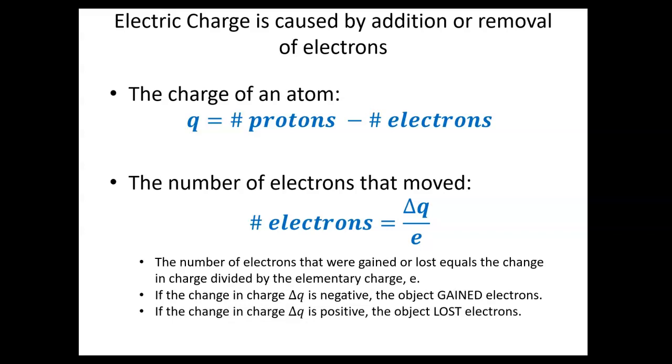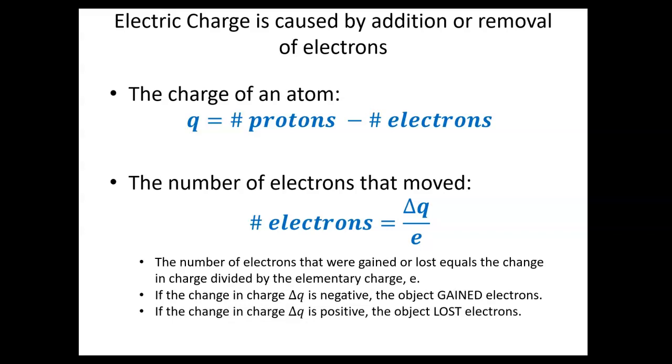Also, sometimes we want to know how many electrons had to move to give an object this new charge. If you have the change in the charge of the object, delta Q, and you divide by the elementary charge, e, then you can find the number of electrons that had to have moved.